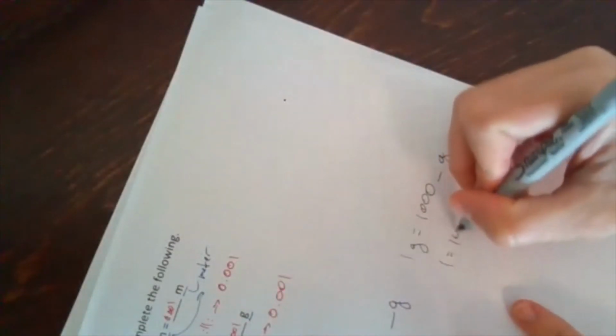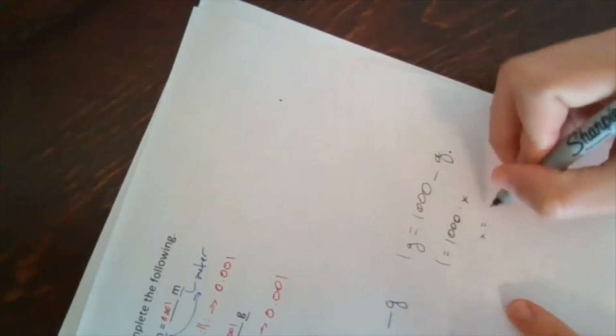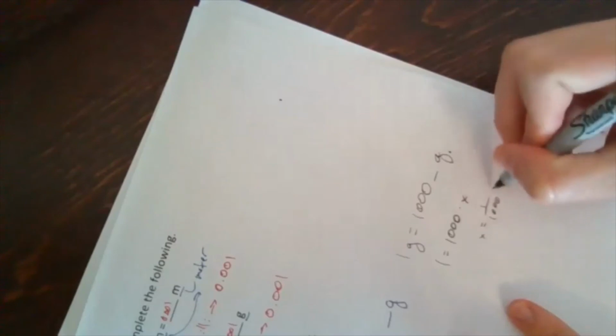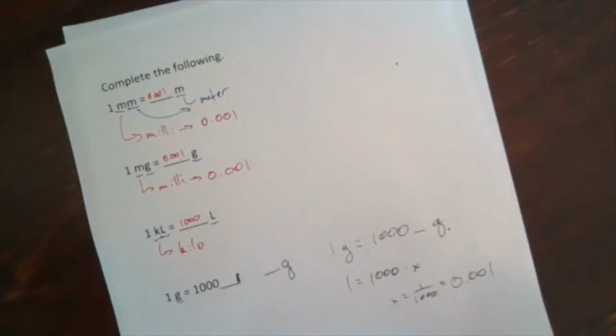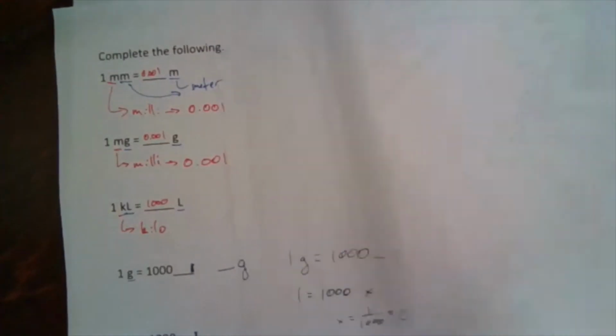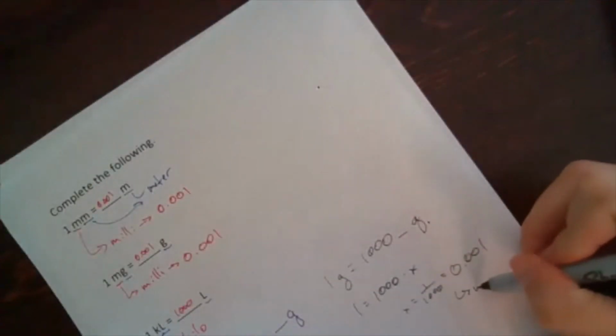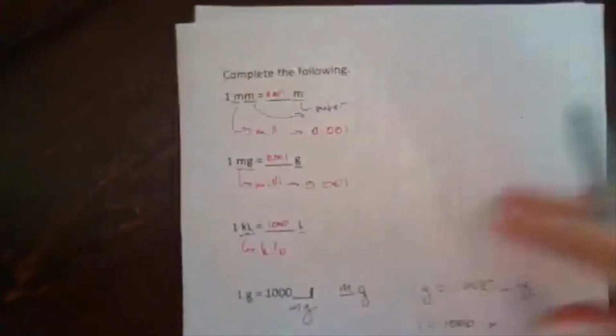So 1 is equal to 1,000 times whatever x is. We can say that x is equal to then 1 divided by 1,000, which is 0.001. Okay. And so that number, if we look it up, that mathematical meaning is milli. So this means that our prefix is milli. So this would be a milligram right there.